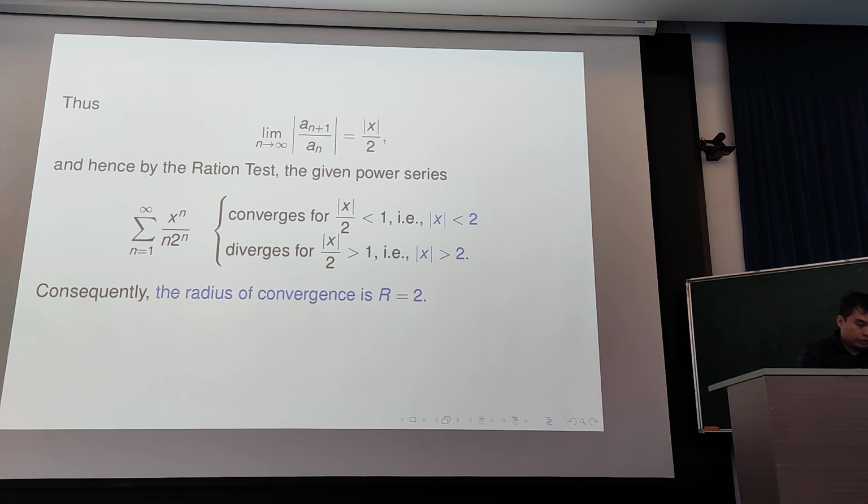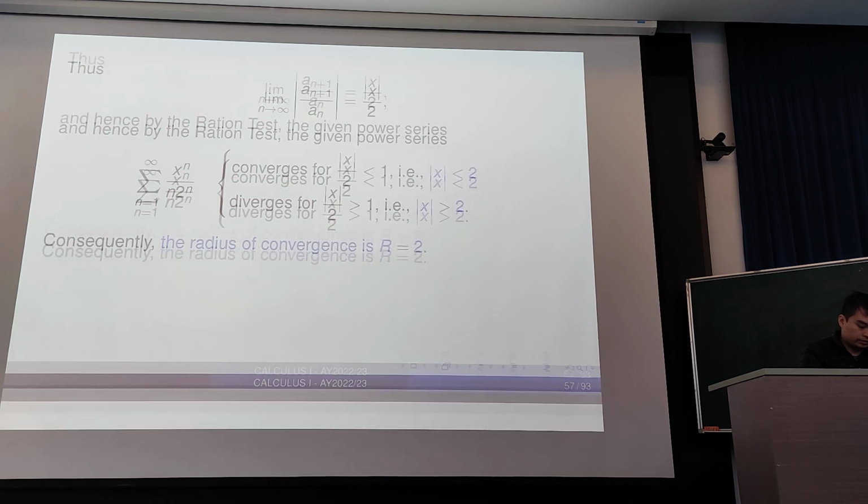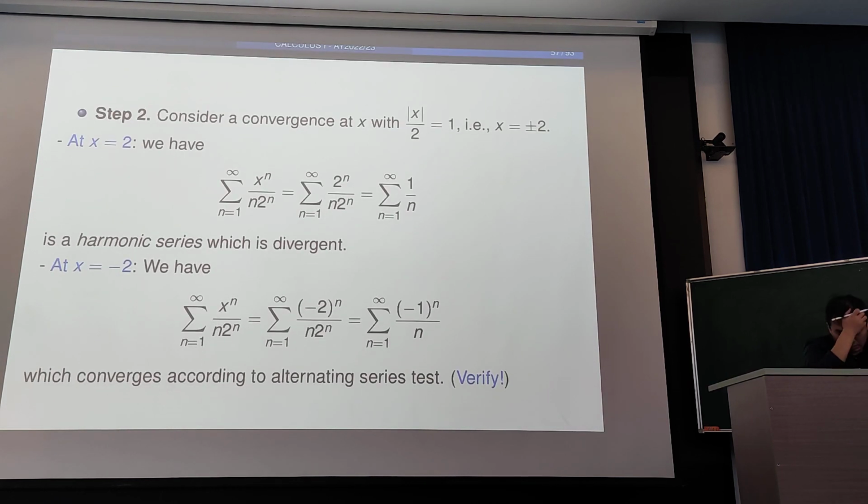So we need to do a further step to verify the convergence at the endpoints. So now the endpoints are x equal to 2 and x equal to minus 2, right? That is what we are going to do. We will evaluate the convergence of the power series at x equal to 2 and x equal to minus 2.